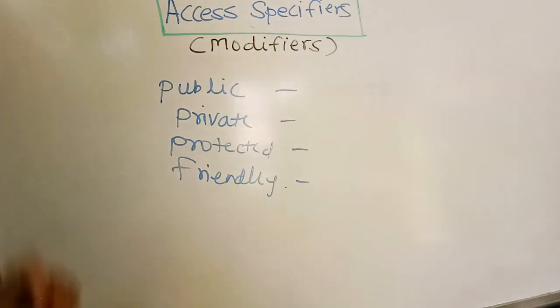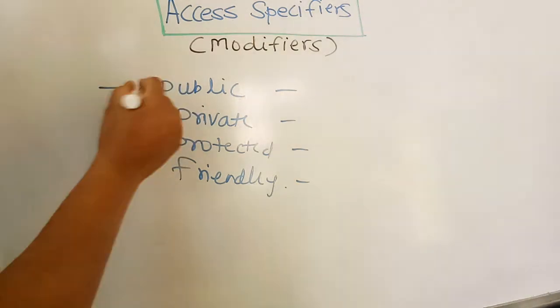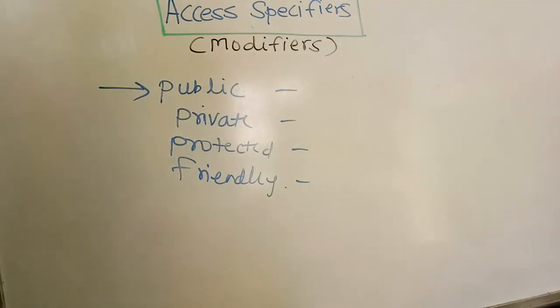For example, public. Any method or variable which is declared as public is visible to the class in which it is defined. Okay, means its scope is limited to the class. But if the method or variable must be visible to all classes, then it is declared as public, and such variables or methods have the widest possible visibility.